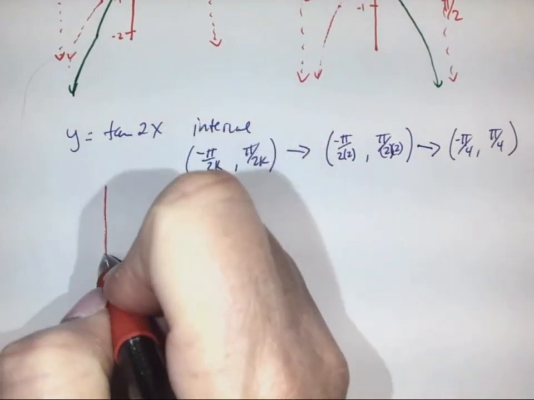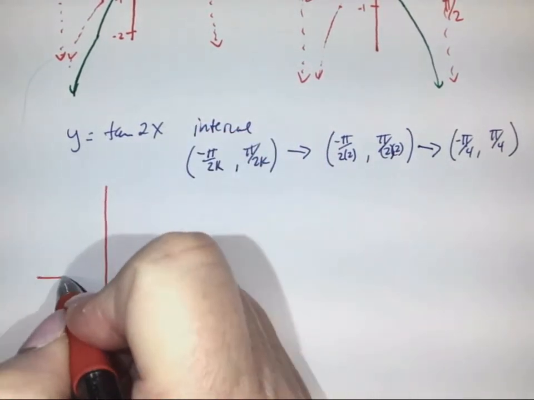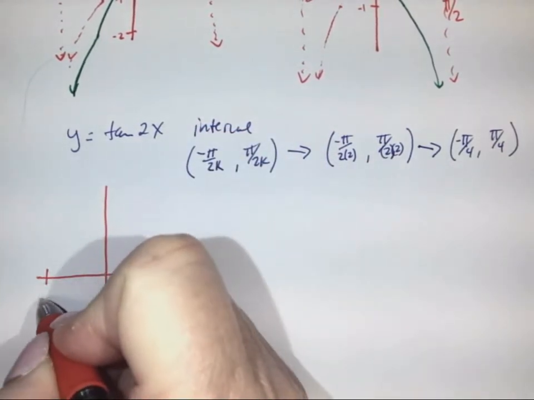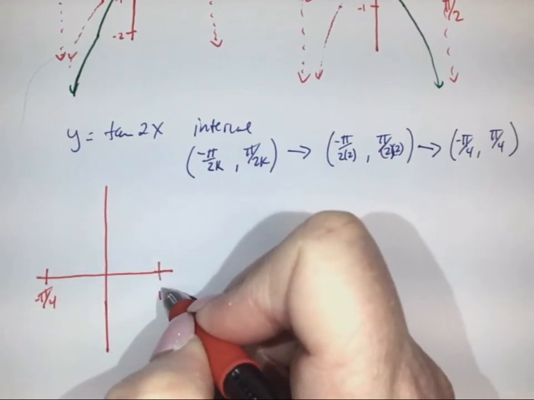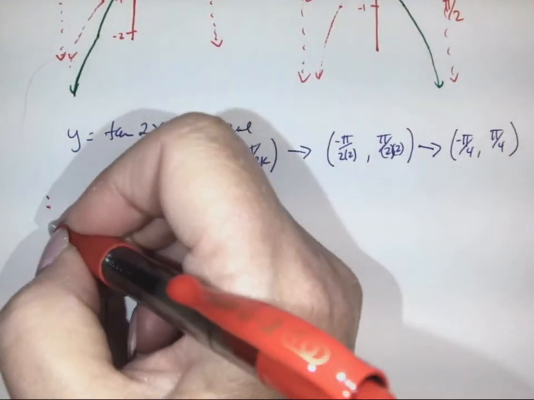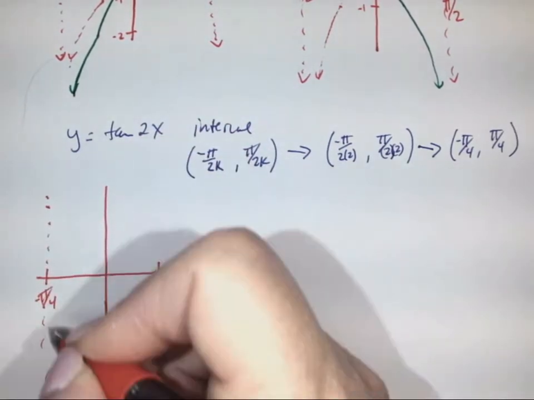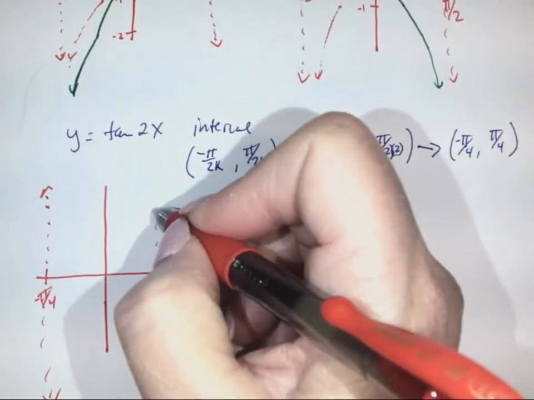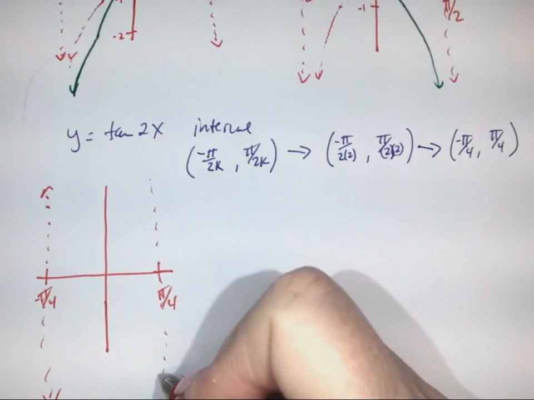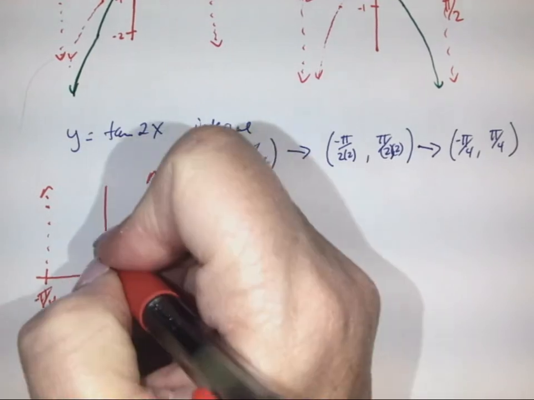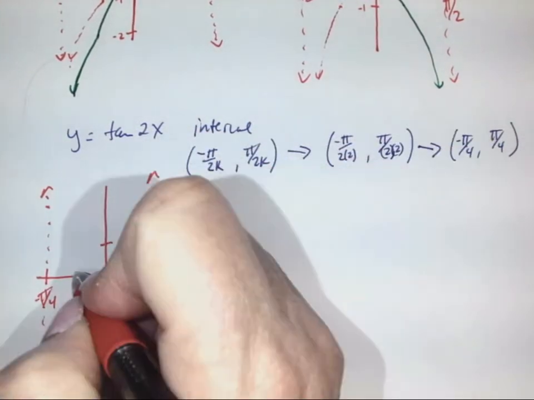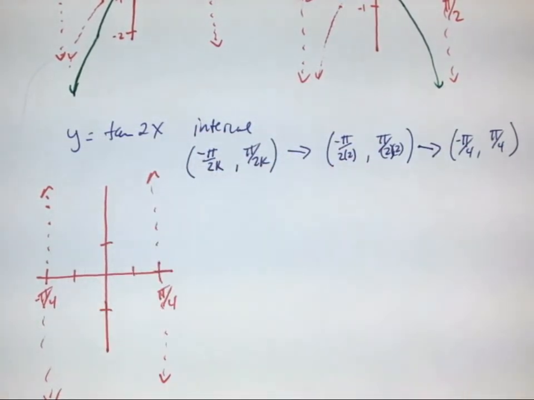All right. So this will now be negative pi over 4 to pi over 4, still our asymptotes. And our points, we've got to have our 1 and our negative 1, and then our halfways there.